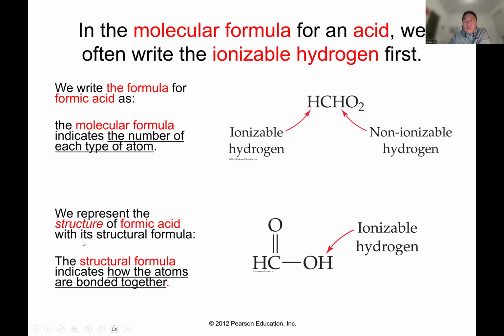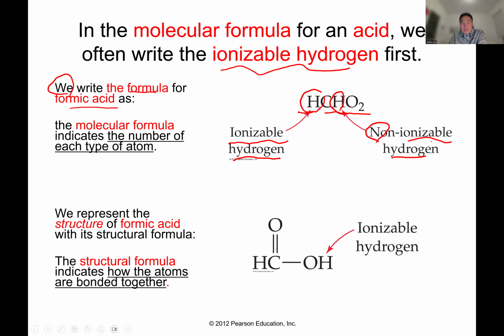In the molecular formula for an acid, we often write the ionizable hydrogen first. So for example, we write the formula for formic acid as HCHO2. The first H is the ionizable hydrogen. The second H is a non-ionizable hydrogen.